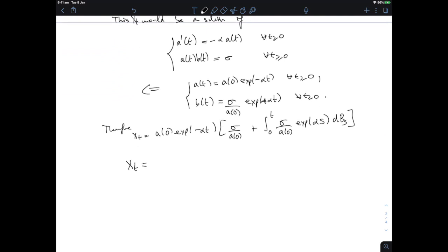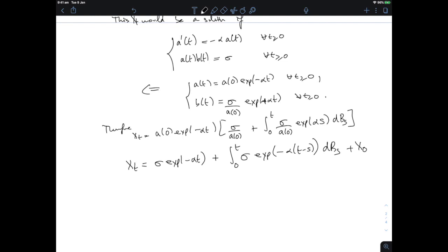We get that x of t equals sigma exponential minus alpha t plus the integral from 0 to t of sigma exponential minus alpha (t minus s) dBs is a solution. And of course, you could add to that any value at 0.